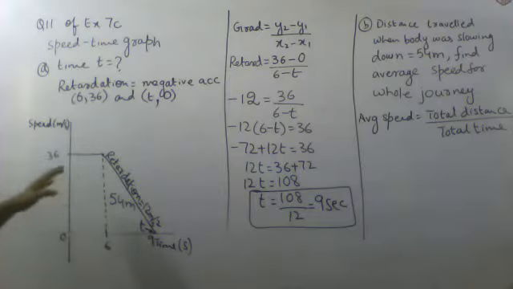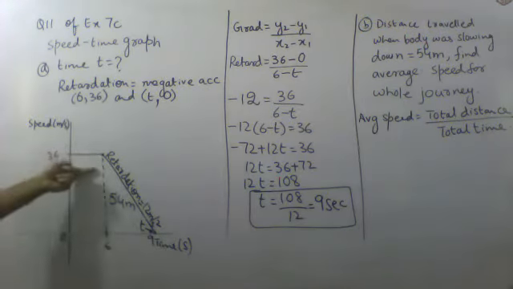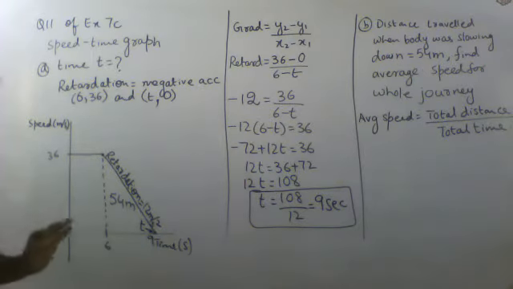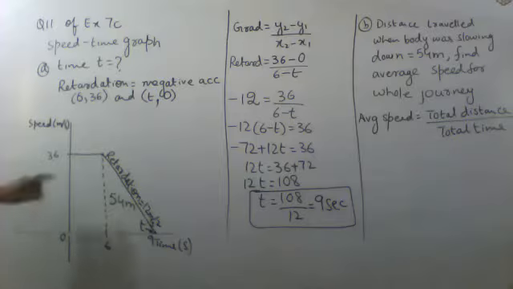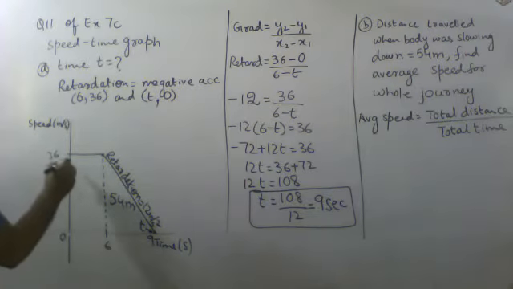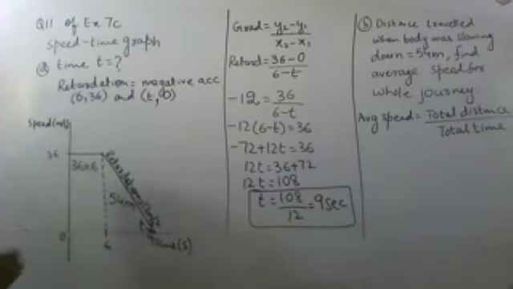Now we know that in this speed time graph, the area under the graph shows the distance which is being covered. This is a rectangle, as you can see, because this is 6 and this is 36. So how much distance is being covered over here? For that, I am going to multiply 36 into 6.